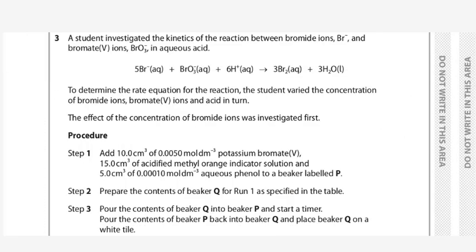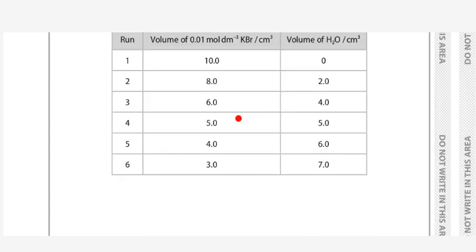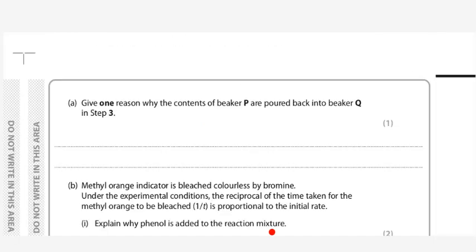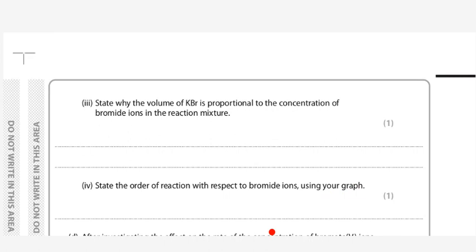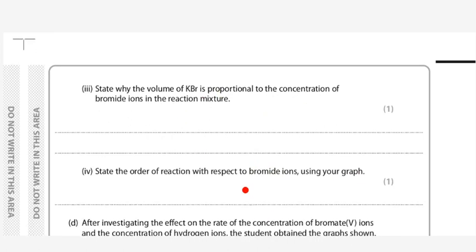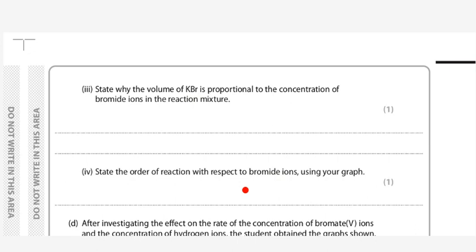It is 10, right? Previous page. See, the total volume is 10. So when you increase the volume of KBr, in other words, you're increasing the concentration of KBr, because the total volume is kept constant. So it is proportional because the total volume is kept constant.